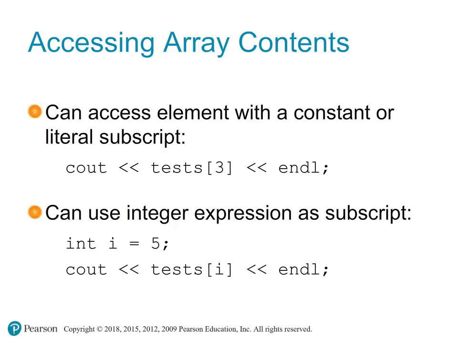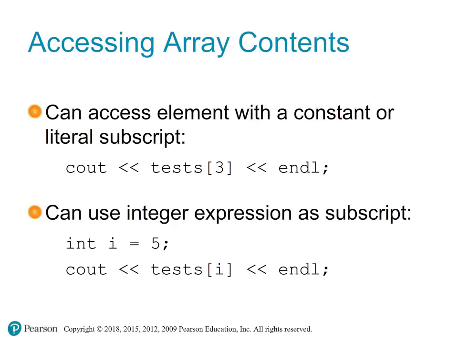In our sample code, we define an integer i with the value 5 and then use it as a subscript. This is functionally equivalent to using test[5] directly, but adds the flexibility of changing i during runtime.